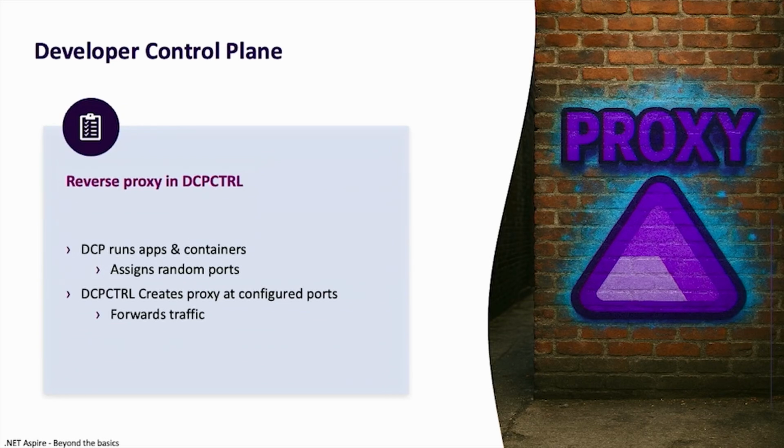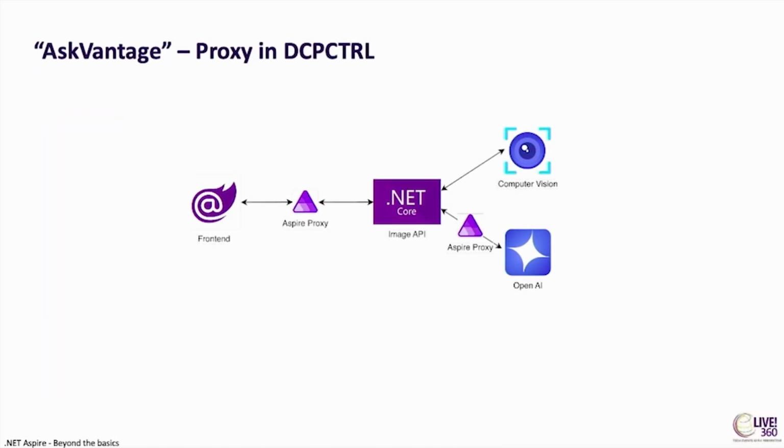It will not stick to the launch profile that you passed in with your application. It will say, ignore that, take a random port and launch it at a random port. And then it will create the port that you passed in with your application and expose that on the proxy. And then it will forward traffic that arrives at the proxy to one of those random ports.